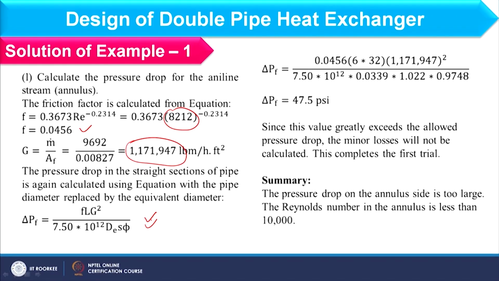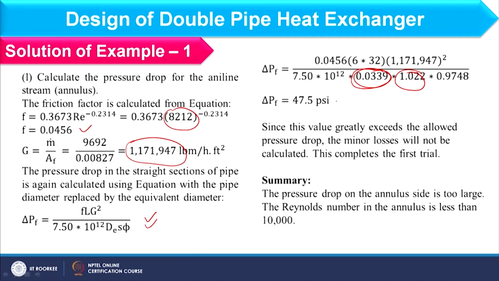in the return pipe. So, we will first calculate the pressure drop in the straight pipe. You have all values including the specific gravity of aniline, the annulus, and the equivalent diameter, right.